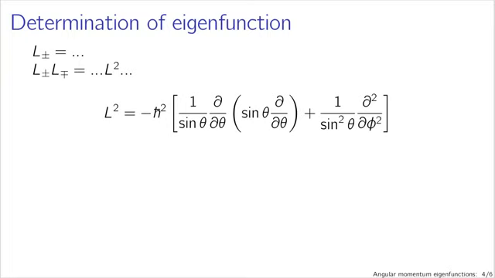What I really want to do here is write this into an eigenvalue problem by adding some arbitrary function f. This whole operator, acting on some function f, is going to be equal to, we know what the answer is from our consideration of operator algebra, h bar squared l times l plus 1 times f. It's going to give us our original function back.